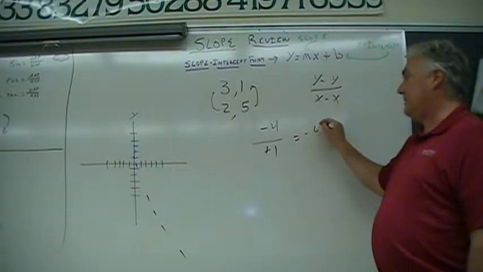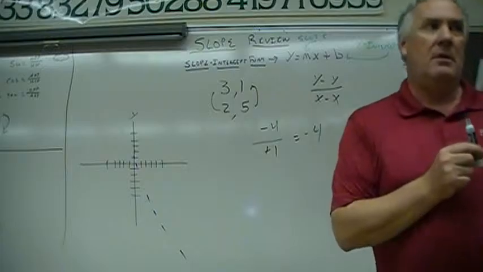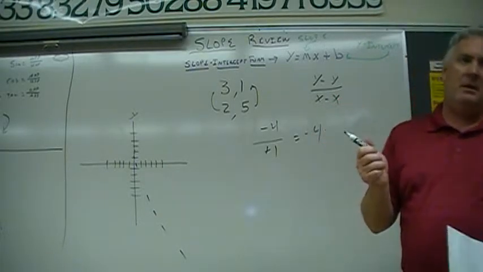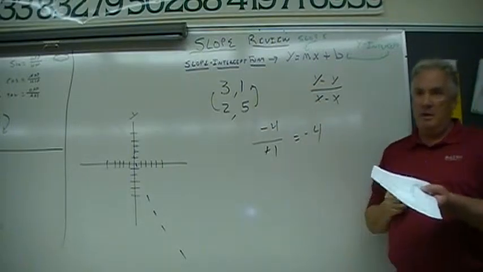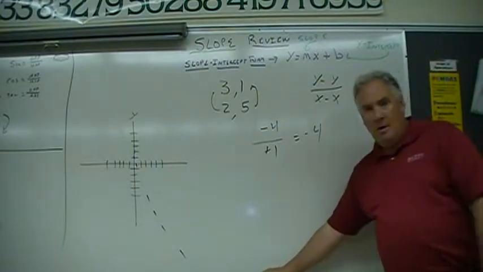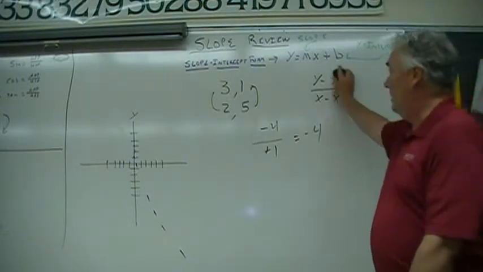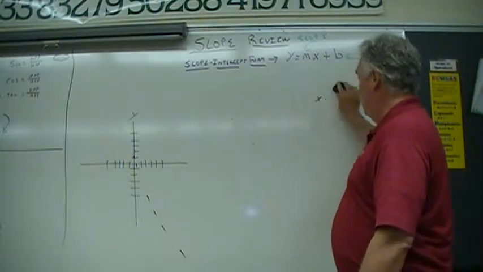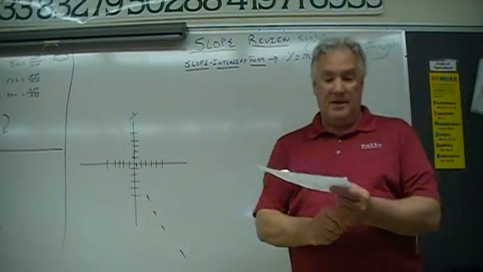That slope is still negative 4. So you have some leeway. You're not going to make a mistake. It doesn't matter which order you do it in for that. Okay? So that's how to find the slope. And so the answer to number 27 is negative 4.